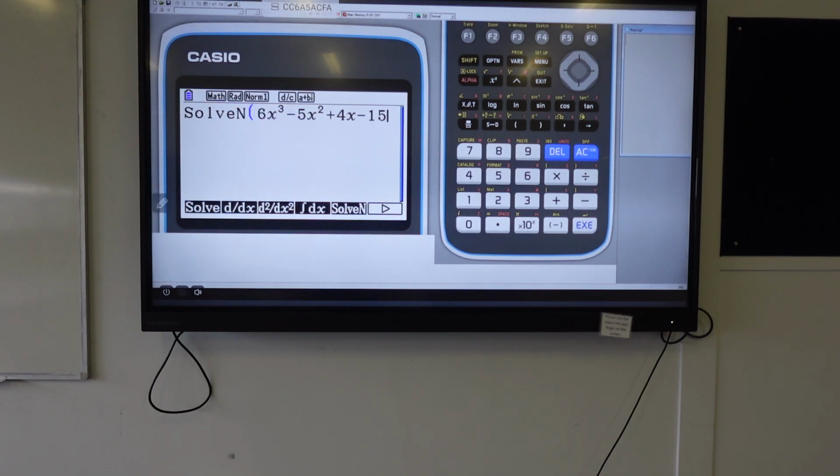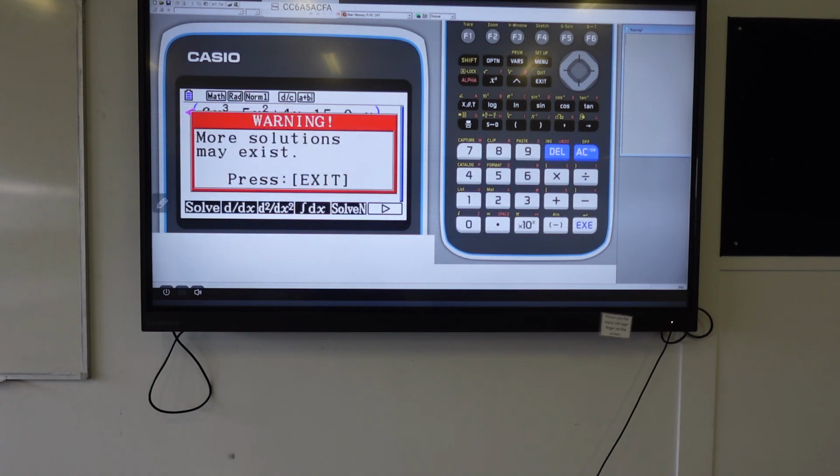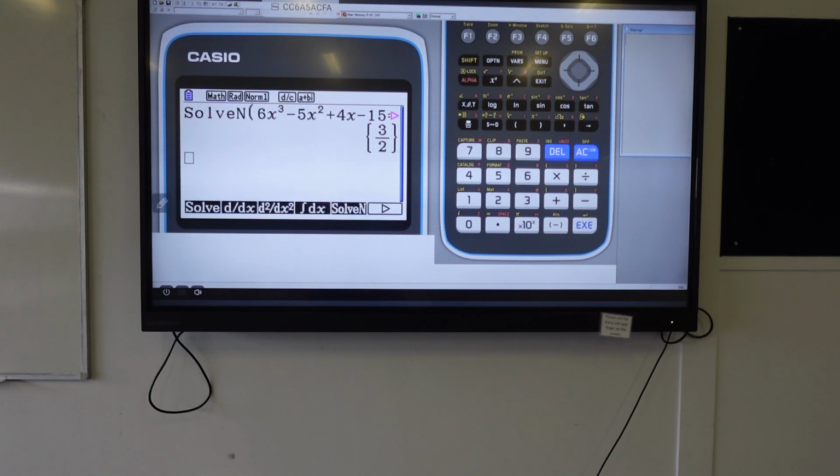You should put in the comma, that equals 0. It'll still solve it for the roots if you don't, but it's good practice to put in the full equation, and we're solving for x. Now, this one's a bit strange. It only gave us one root.